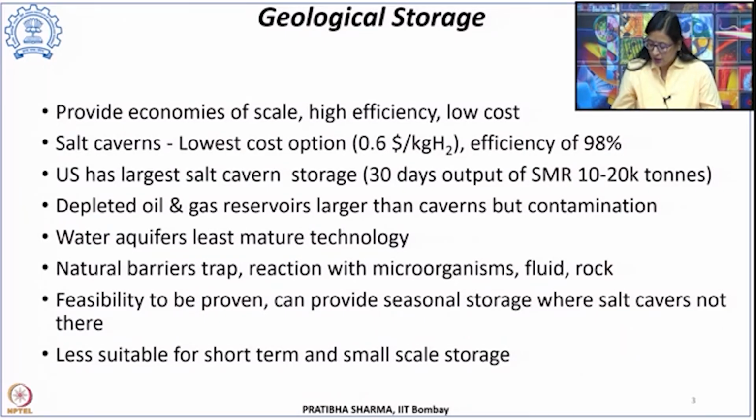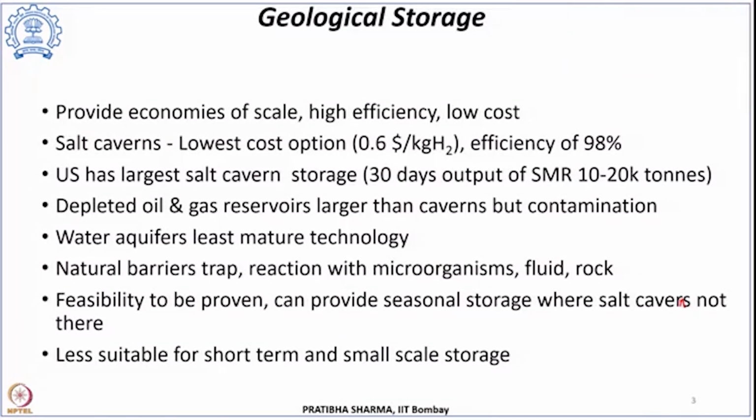But these methods are not suitable when it is required to store hydrogen on a small scale and for short terms. When it comes to short term small scale storage, it can be stored in tanks, either as compressed hydrogen or in the liquefied state.